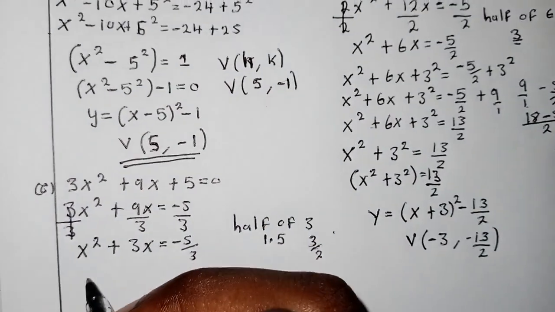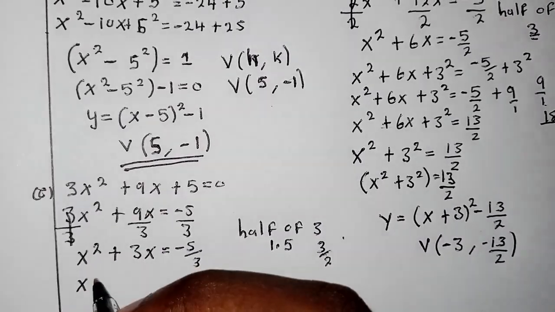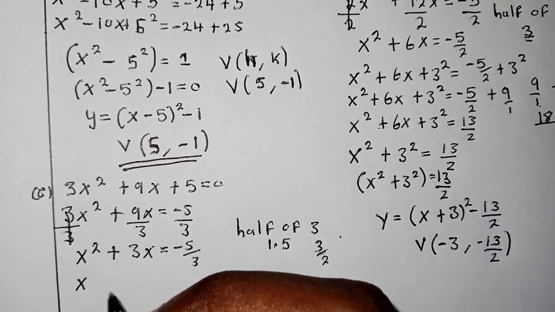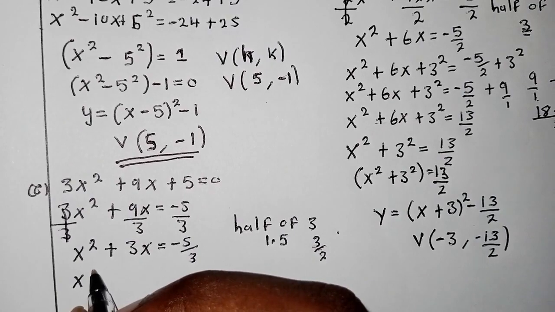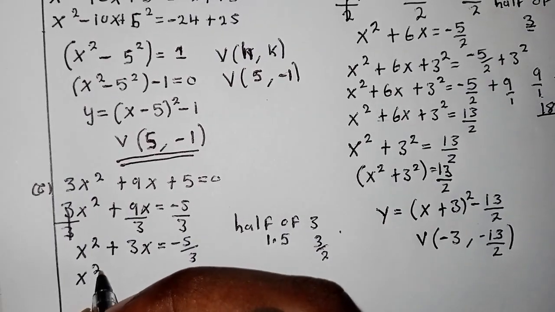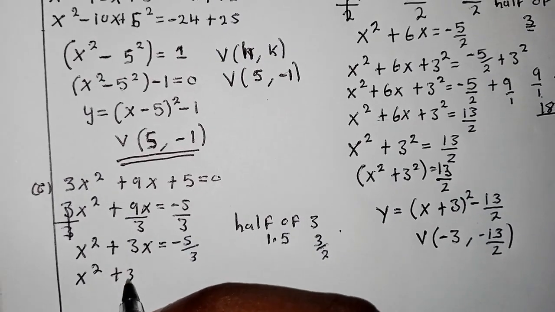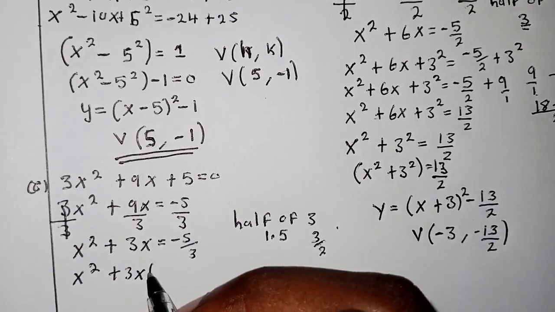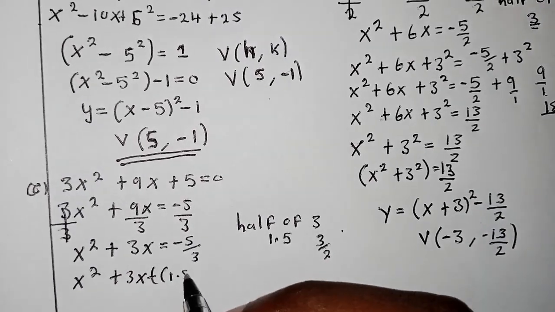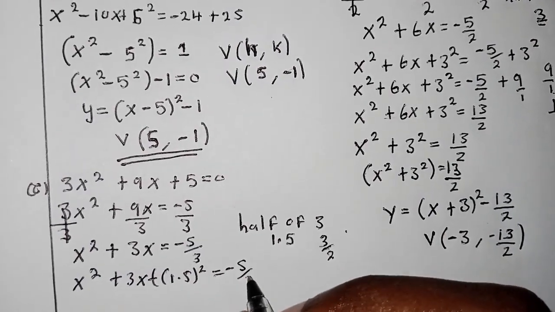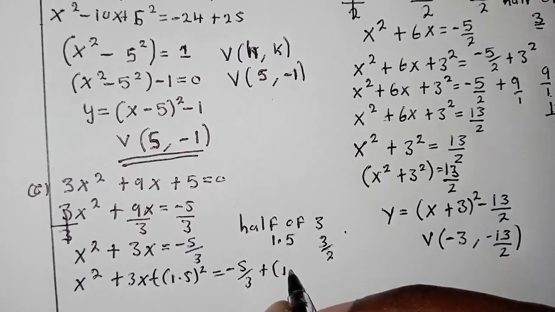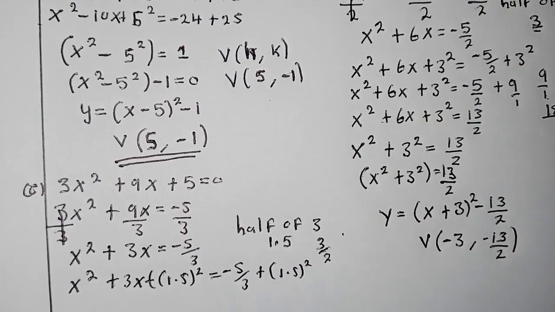So we're going to say that this is x to the power 2 plus 3x plus 1.5 to the power 2 equal to negative 5 over 3 plus 1.5 to the power 2.